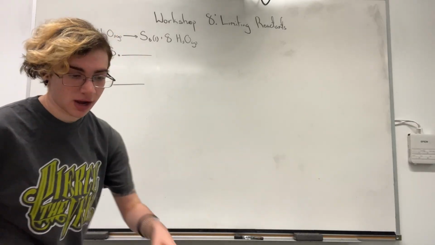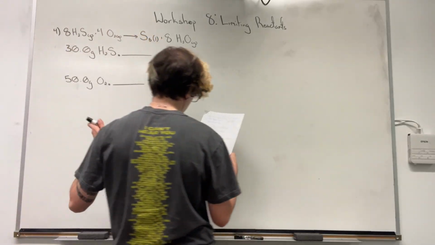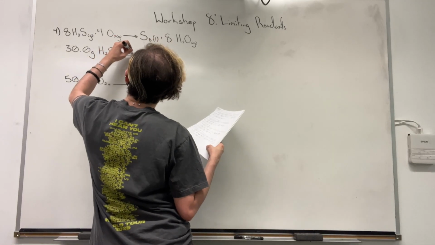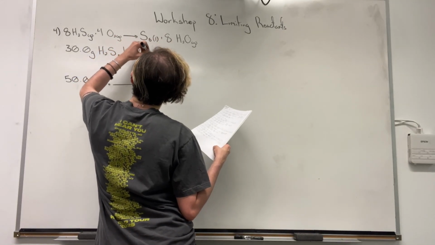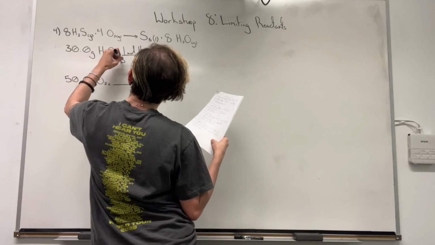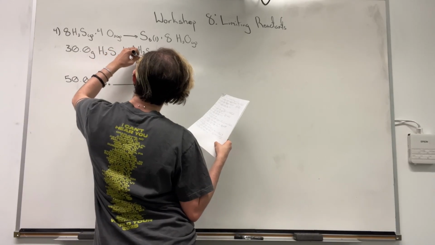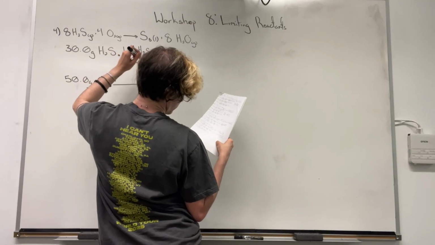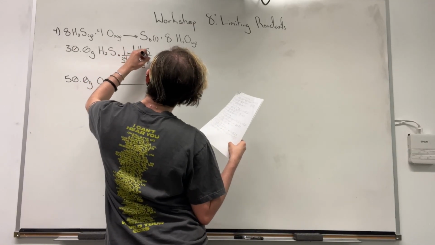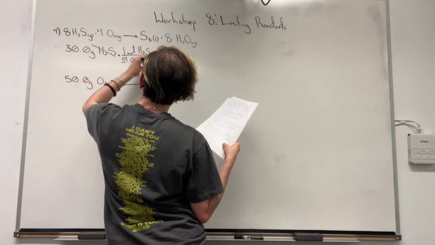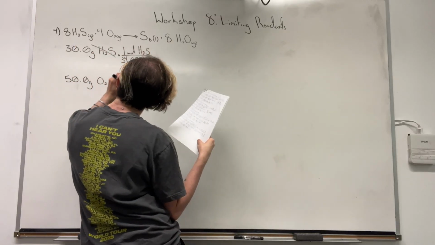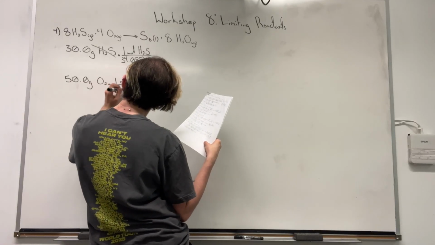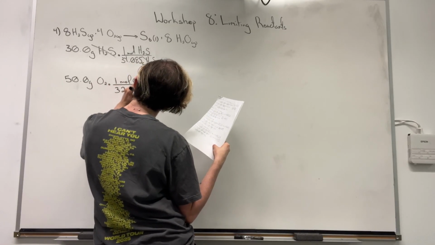So starting with converting both of these to mass values, 1 mole of hydrogen sulfide gas has a mass of 34.085 grams, and 1 mole of oxygen has a mass of 32 grams.